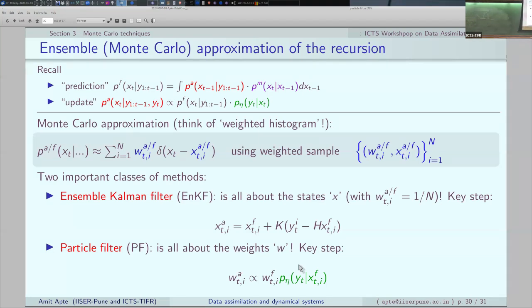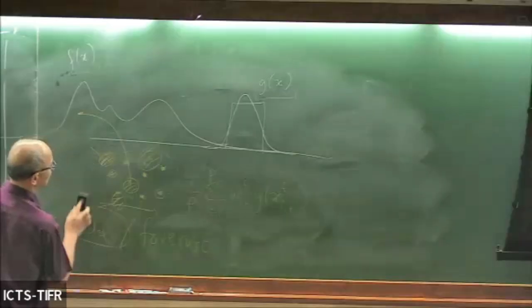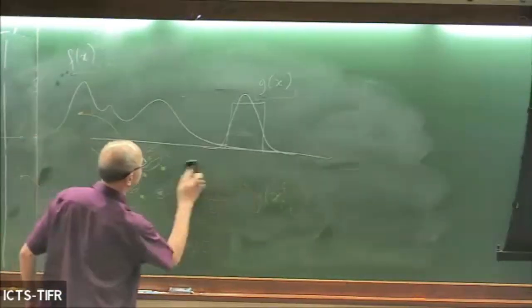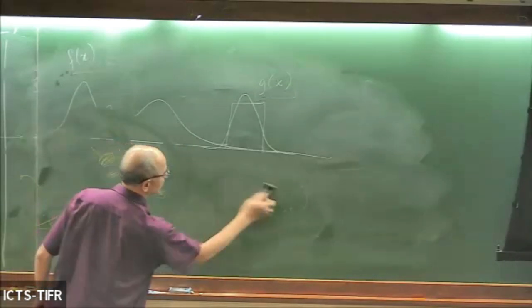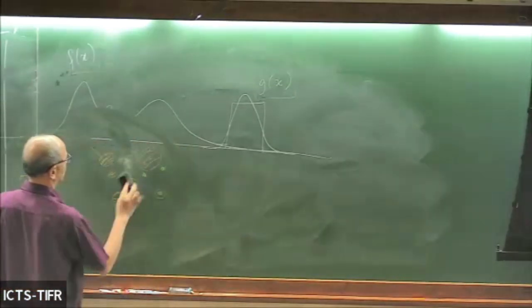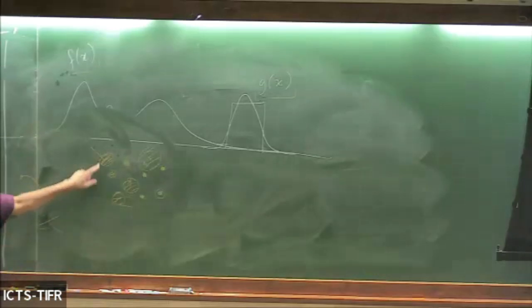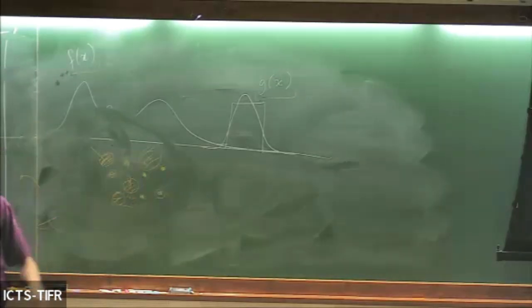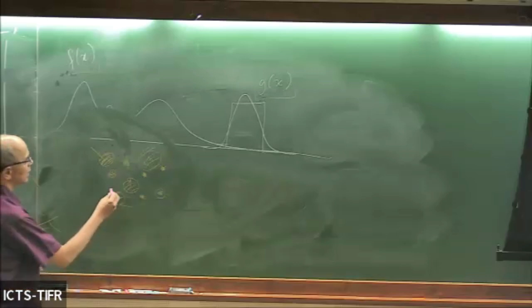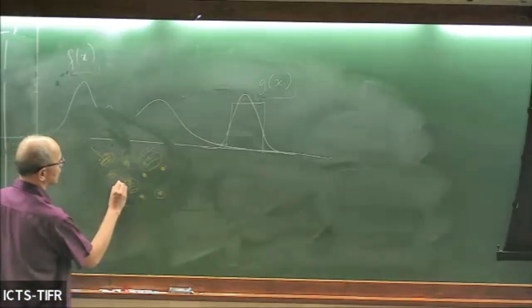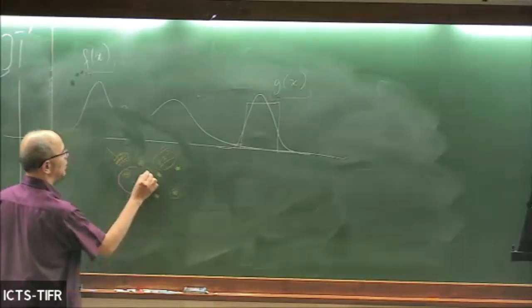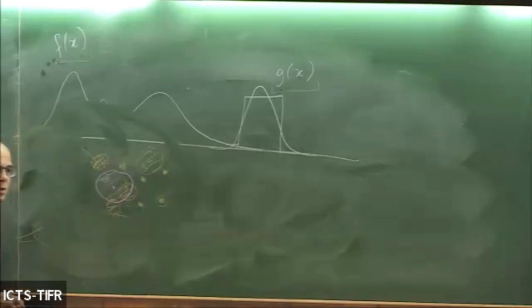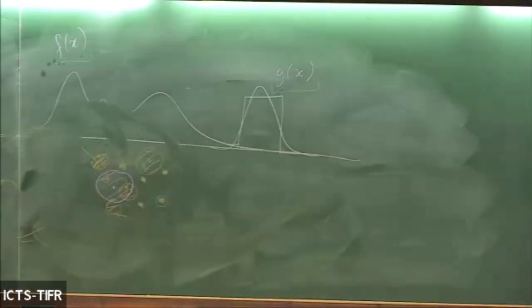Let me use the same picture over here. Suppose this was the ensemble that I started with. So this was the weighted ensemble. These particles have high weights, these ones have small weights, and so on. And my observation happens to lie, say, over here. And the observation has an observational error covariance, which can be represented by something like this, some small observational covariance.